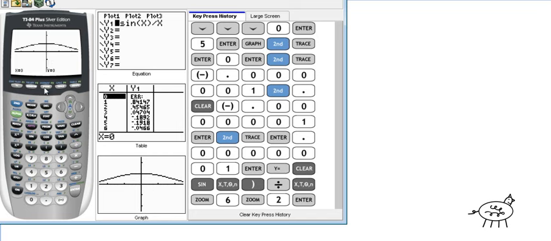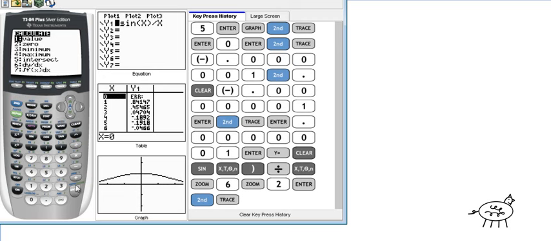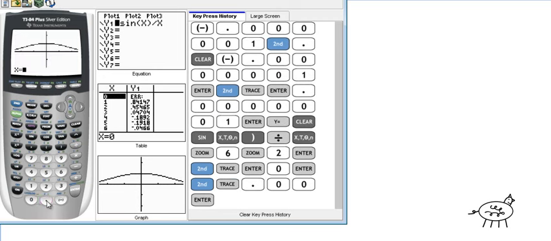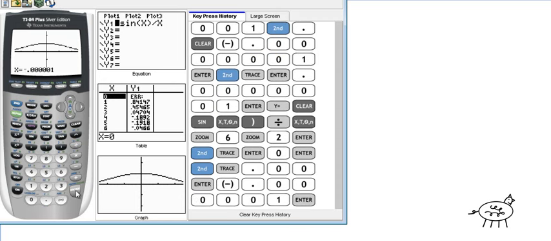If I do second calculate value and I type in 0, what do I get? Of course, I don't get anything. I shouldn't get anything because it's not defined there. But again, we're talking about a limit. What's going on as we get close to it? So let's put in second calculate, and let's put in negative 0.00001.